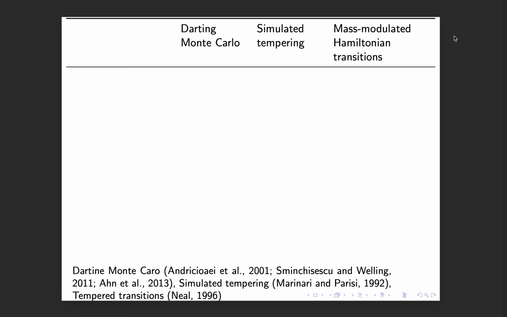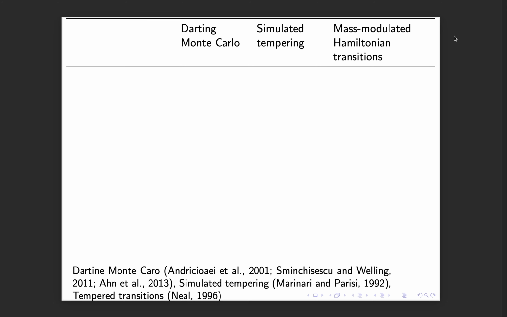The Markov chain occasionally jumps between different temperature levels, and at high temperatures, the chain is more likely to move between the modes. Our method, mass-modulated Hamiltonian transitions, can be considered as a hybrid of Hamiltonian Monte Carlo and tempered transitions developed by Neal in 1996.